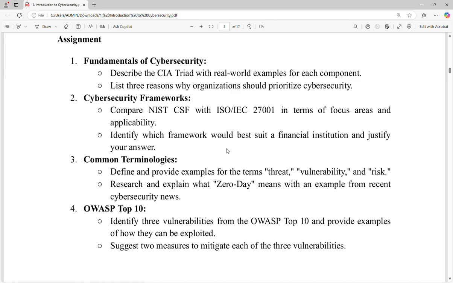And then the OWASP Top 10: identify three vulnerabilities from the OWASP Top 10 and provide examples of how they can be exploited. And also suggest two measures to mitigate each of the three vulnerabilities.